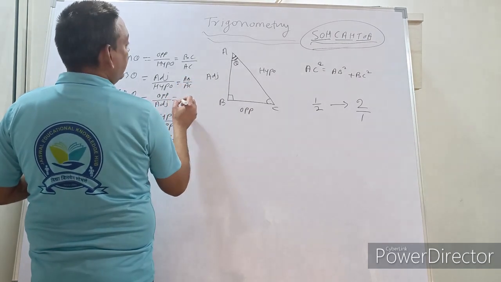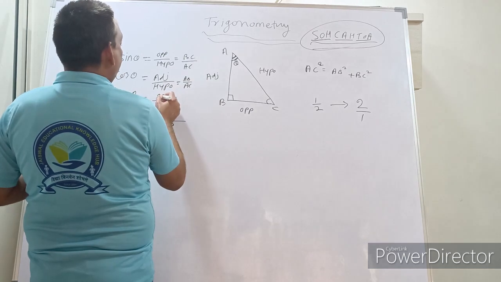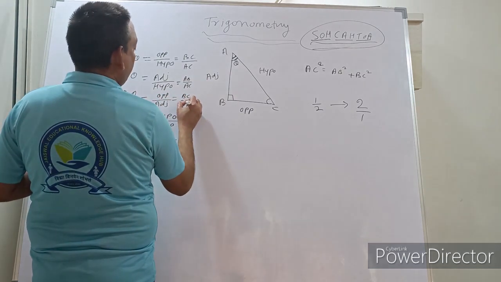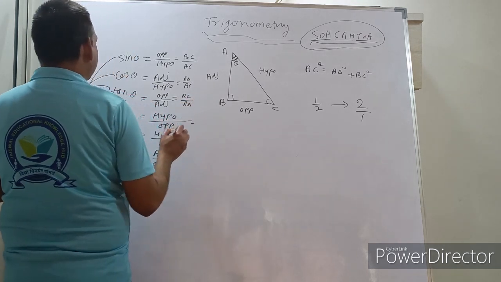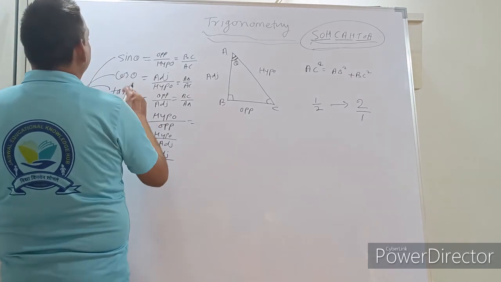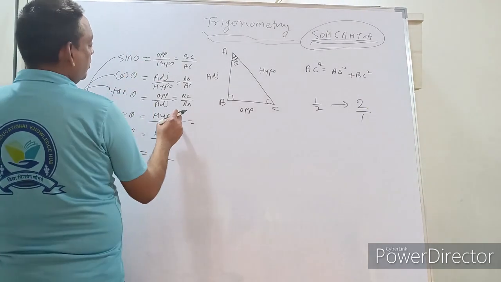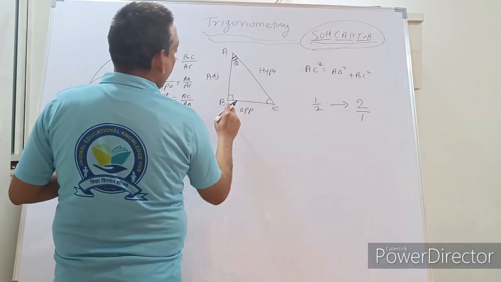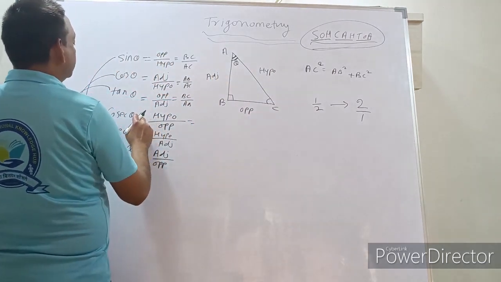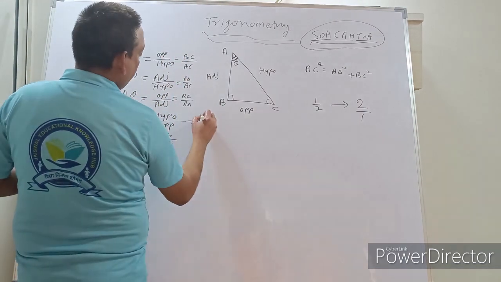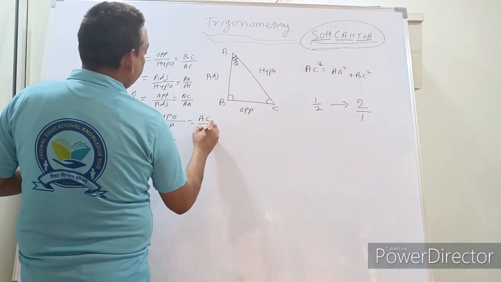Then tan theta is opposite over adjacent, that is BC upon AB. The next one is cosec theta, which is the reciprocal of sin theta, or hypotenuse upon opposite, which is AC upon BC.